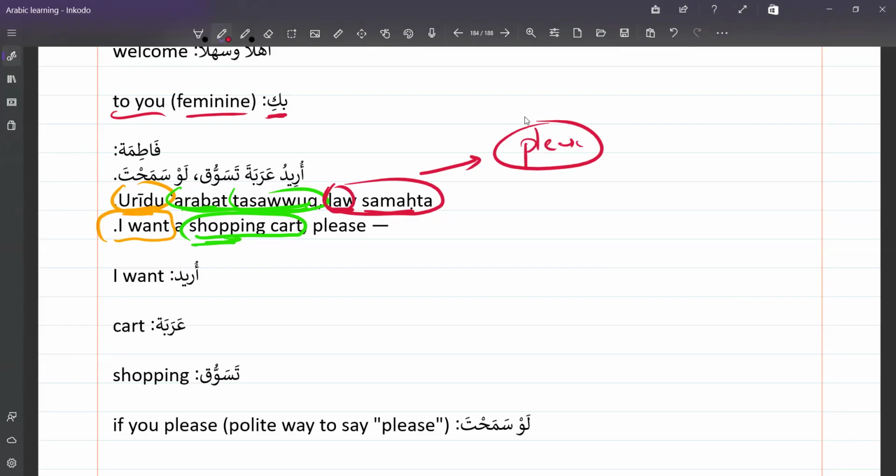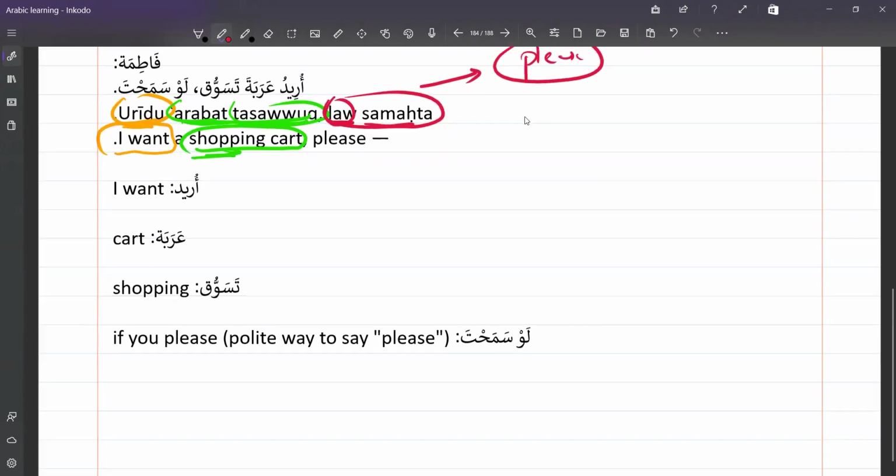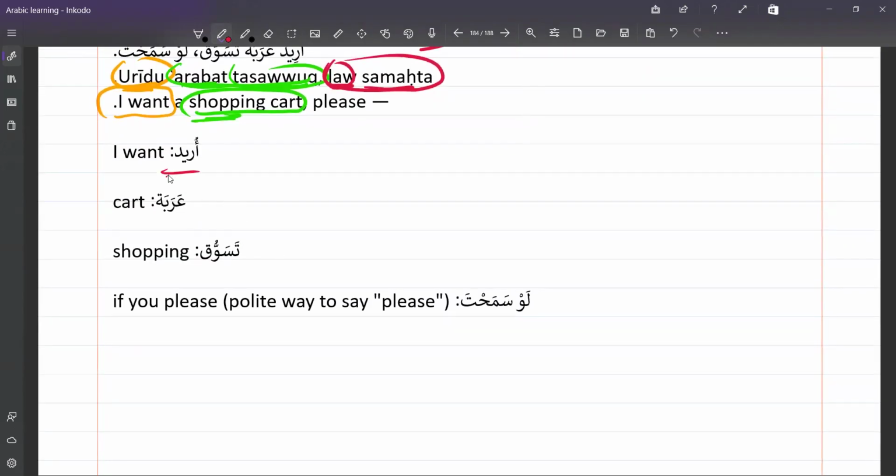So here is the meaning. Uridu means I want. Arabat means cart. Tasabbuq means shopping. And if you want to say it in a polite way, you say law samahta, which literally means if you please.